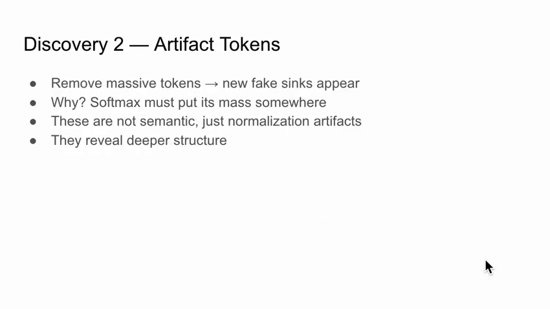If you remove the massive tokens, this is where the story gets interesting. For example, if we mask the massive tokens, the transformer automatically promotes other tokens to become the next biggest attractors. These are called artifact tokens.